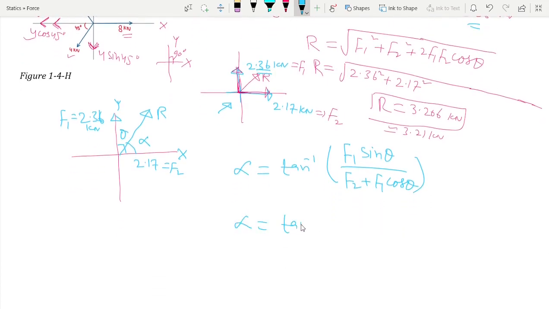Alpha is equal to tan inverse of f1, which is 2.36, multiplied by sine of theta. The angle between f1 and f2 is 90 degrees, so sine 90, and sine 90 is 1. Divided by f2, which is 2.17 kilonewton, plus f1, 2.36, multiplied by cos 90.